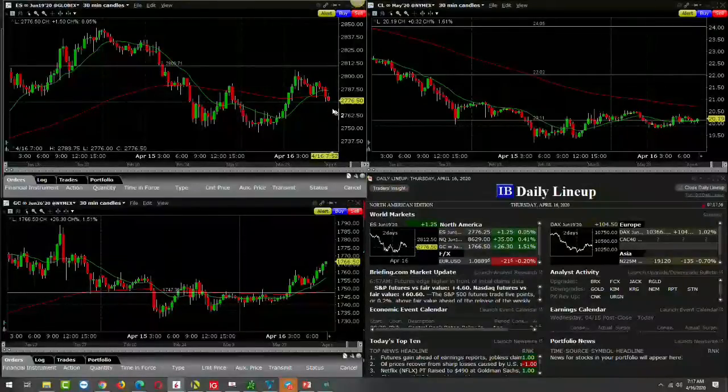Over on crude, crude is in a downward trend. 30 minutes down, 4 hours down. We've come back to this area, $20 crude. That's been a pretty key level for us. It came down to 19.50 yesterday. We were in the teens for a large part of the day yesterday.